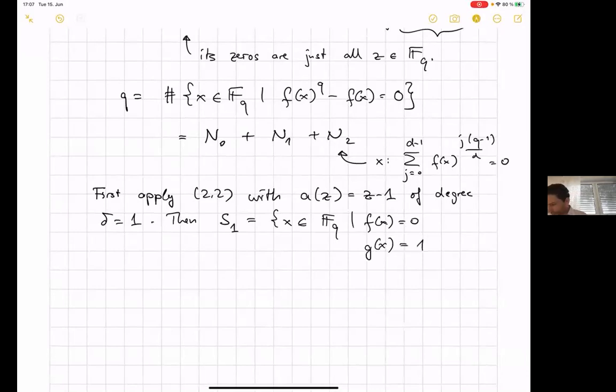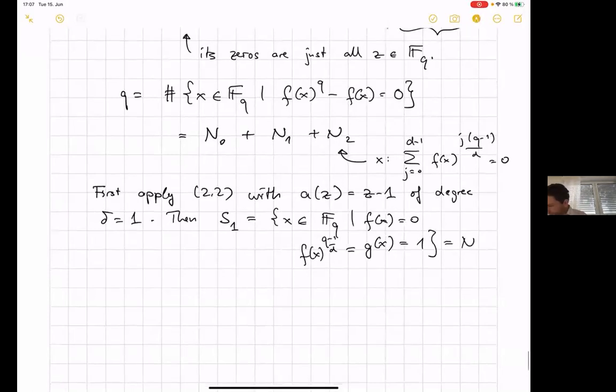So g of x equals 1, but g of x is just f of x to the power (q minus 1) over d. And this is just n1. So this is just n0.